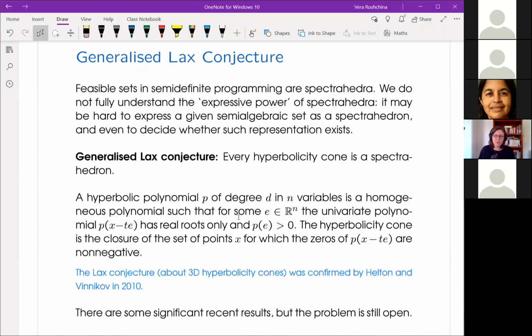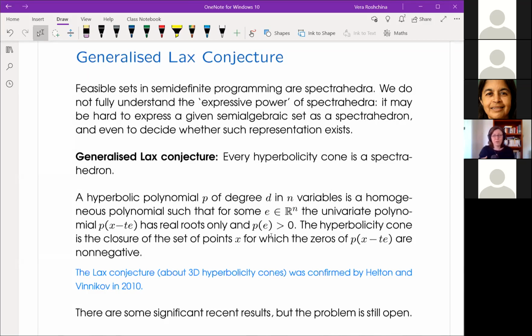Because that polynomial satisfies some properties, it can be shown that that cone is always convex, which is fascinating because the proof is actually not that complicated. It's a one-page proof. And the question is whether every hyperbolicity cone that has this algebraic description can be represented as a spectrahedron. We don't know the answer.